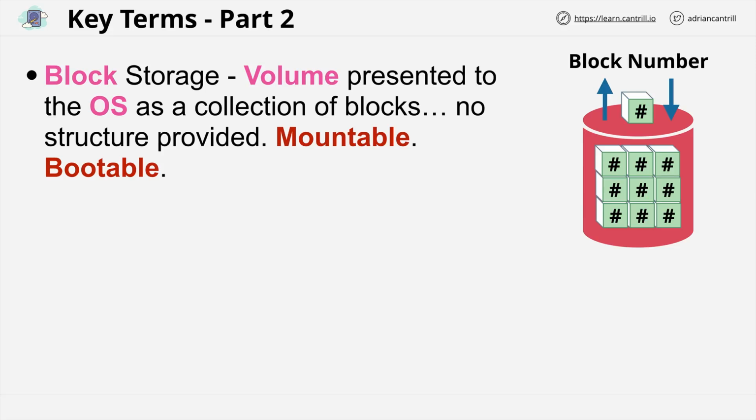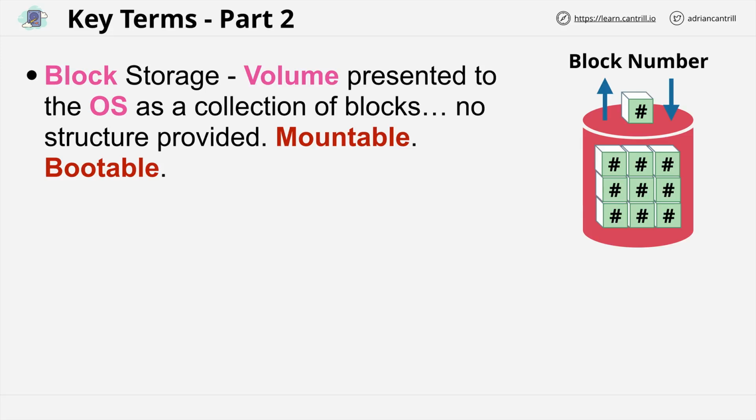Now, block storage comes in the form of spinning hard disks or SSDs, so physical media that's block storage, or delivered as a logical volume, which is itself backed by different types of physical storage, so hard disks or SSDs.